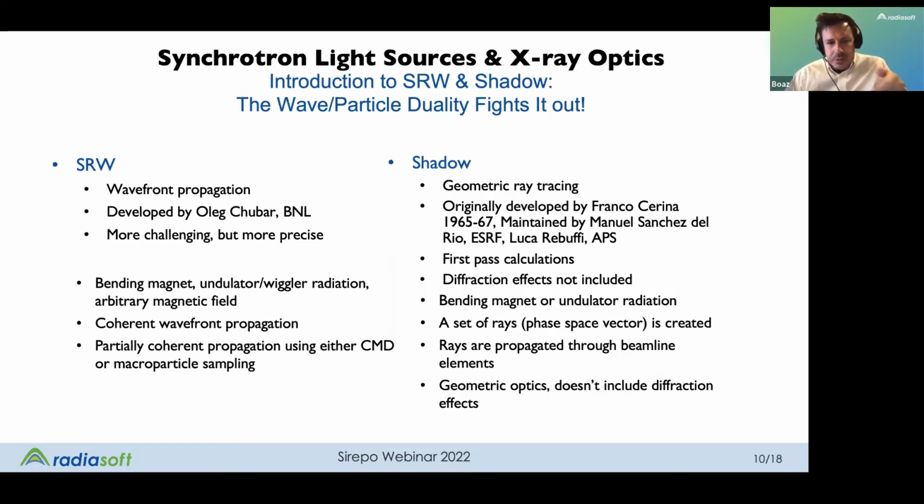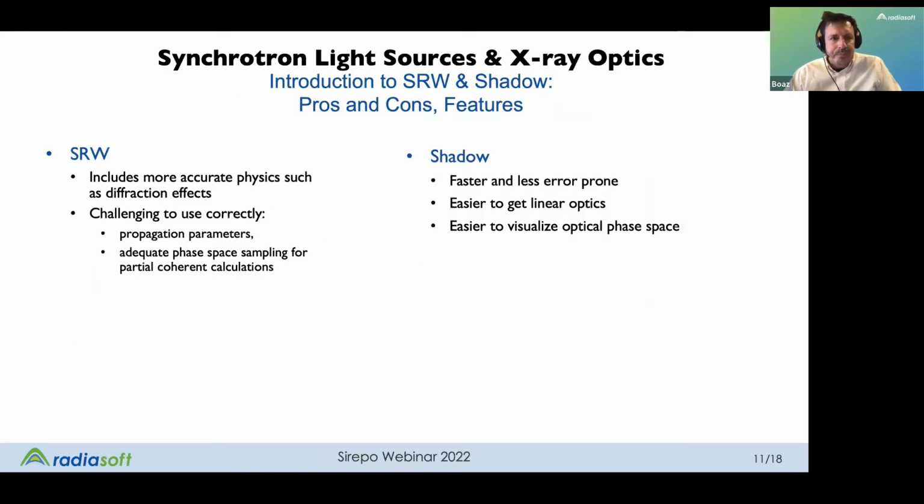Although without some extra additions, you're not going to be able to include the diffraction effects. So just as a summary, SRW has a bit more accurate physics in it, but it's also challenging to use. And Shadow is faster, less error prone. You can more easily get the linear optics, and it's easier to visualize the optical phase space.